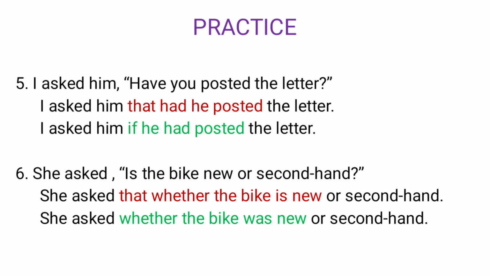She asked, "Is the bike new or second hand?" Now, what type of question is this? This is a choice question. And to report choice questions, we have learned that we are going to use the word whether. So, the correct way of reporting this type of question would be she asked whether the bike was new or second hand.